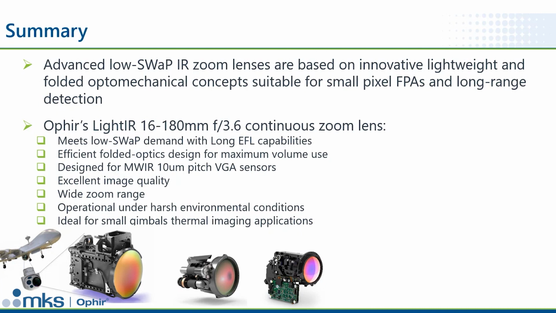It has an efficient folded optics design for maximum volume use. It is designed for medium wave 10 micron pitch VGA sensors. It has excellent image quality. It has wide zoom range. It is operational under harsh environmental conditions, and it is ideal for small gimbals thermal imaging applications. And with this, I would like to conclude. Thank you very much.